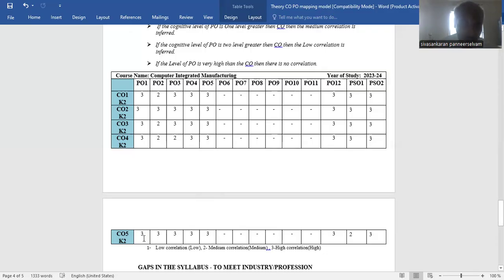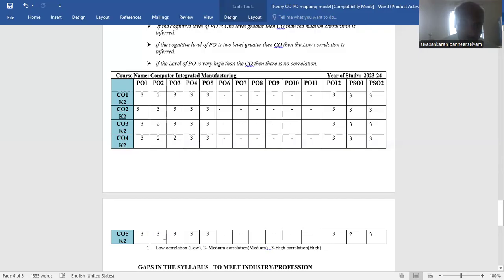Yes, this purely comes under engineering knowledge, how to develop the simulation tools in various fields of manufacturing. Yes, it has a high correlation. Similarly, PO2, PO3, PO4, and PO5 all have equal weightage, high correlation.